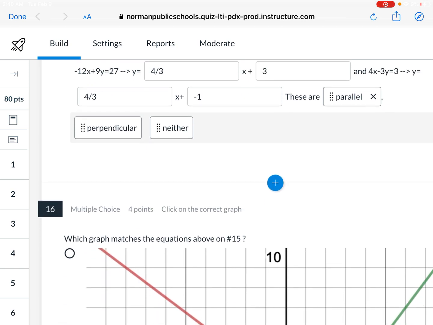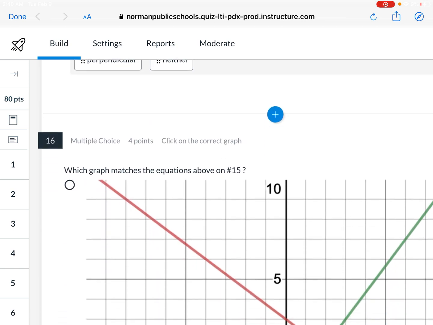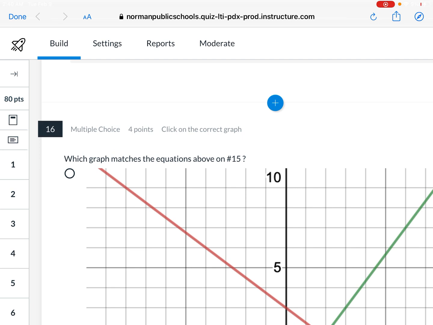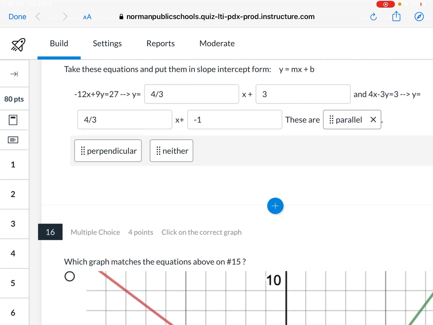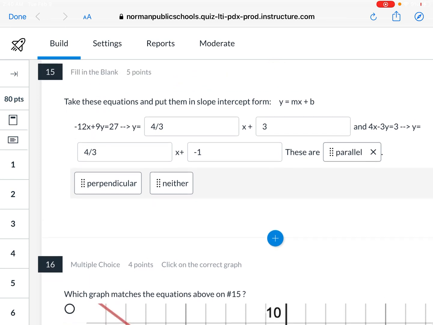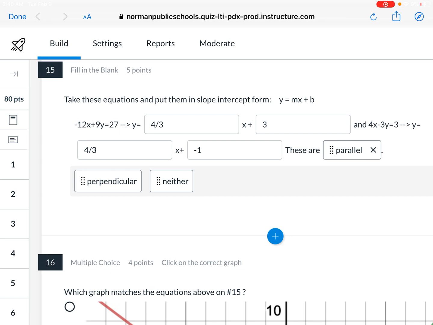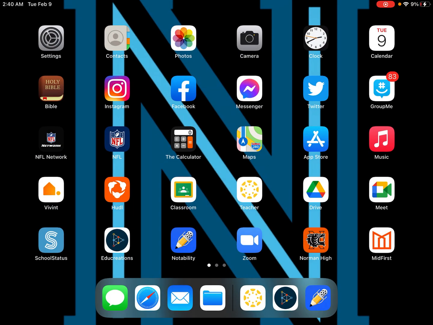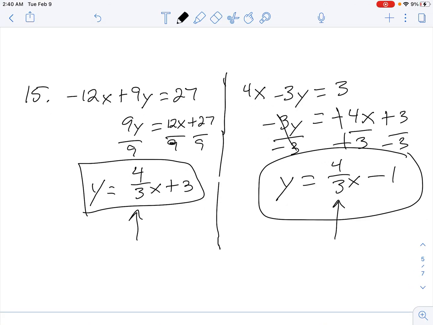Now, guys, I'm not going to lie to you, okay? On this one right here, you should not miss a problem like this. It says which graph matches the equations, okay? Guys, if you actually do number 15 right, then all you got to do is punch your answer into Desmos.